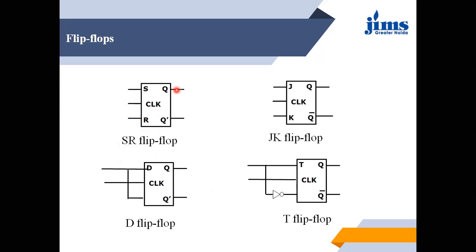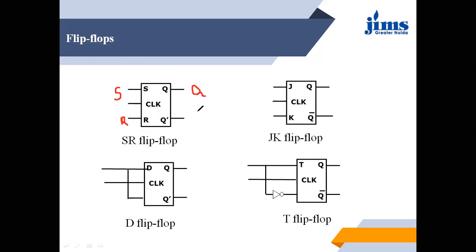The representation of SR flip-flops: there are two inputs, as I told you. One input is S and the second input is R, and we are getting two outputs, Q and Q dash.